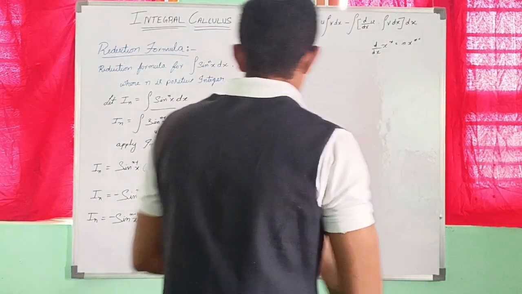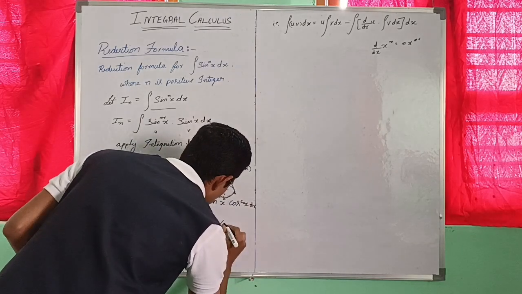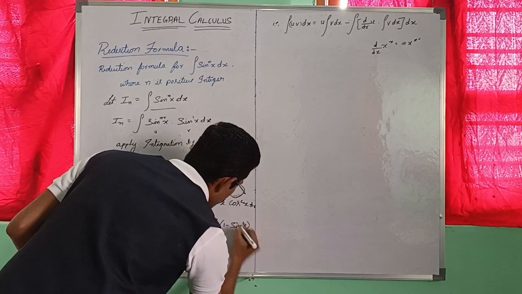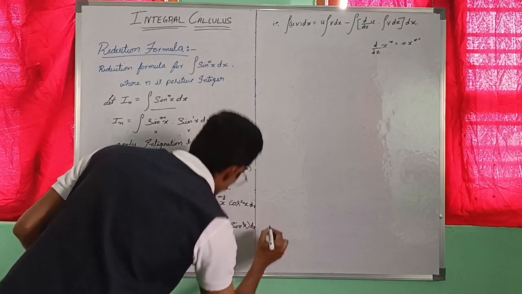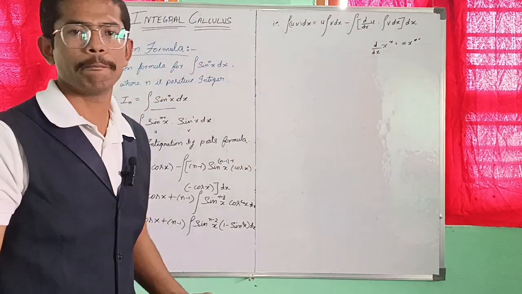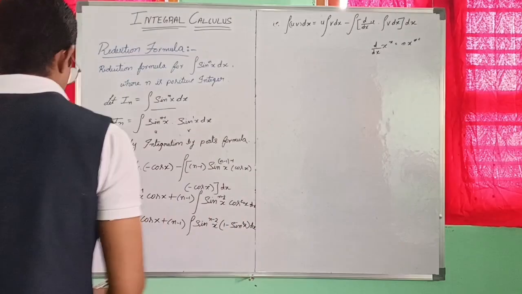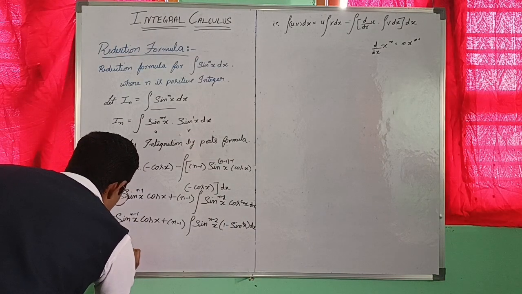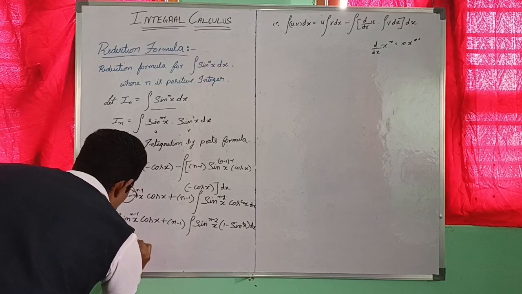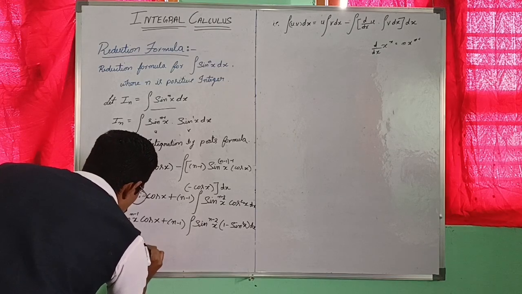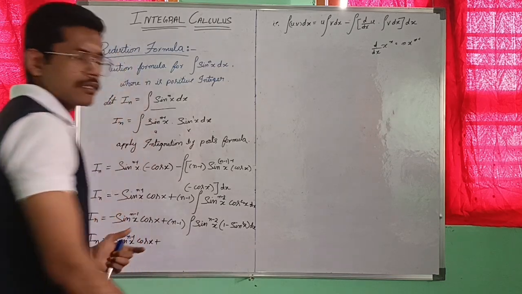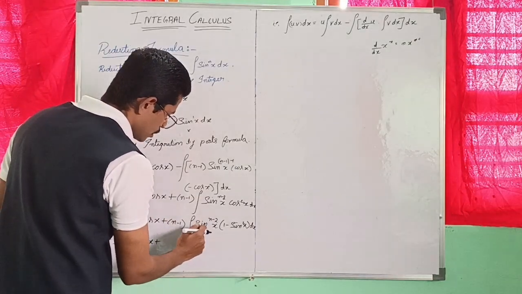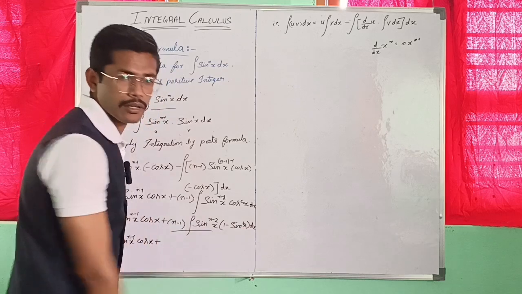Cos square x we can write as 1 minus sine square x. Did you understand? Next, I_n equals minus sine power n minus 1 x cos x, plus, here we can multiply this whole term into this.